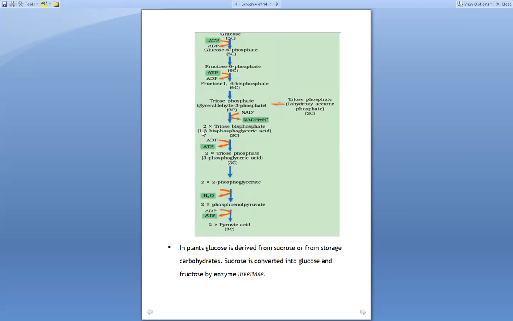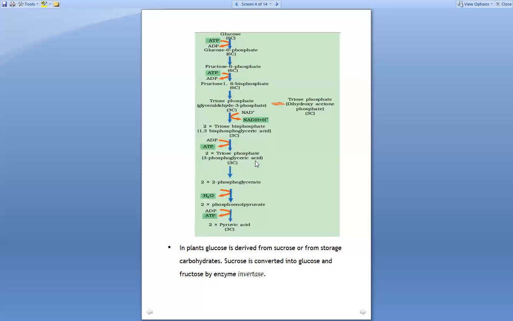From the first position, one phosphate has been removed, and that is utilized in the formation of ATP energy. And hence this 1,3-bisphosphoglyceric acid gets converted to 3-phosphoglyceric acid. So the phosphate is left only on the third position. Now this 3-phosphoglyceric acid is a 3-carbon compound.